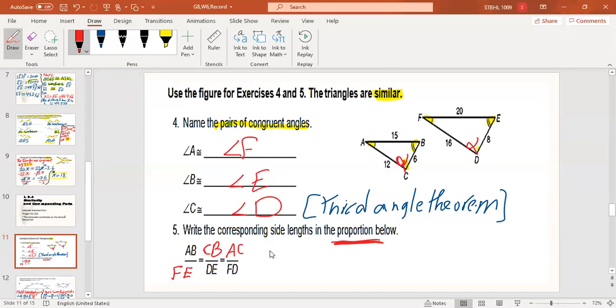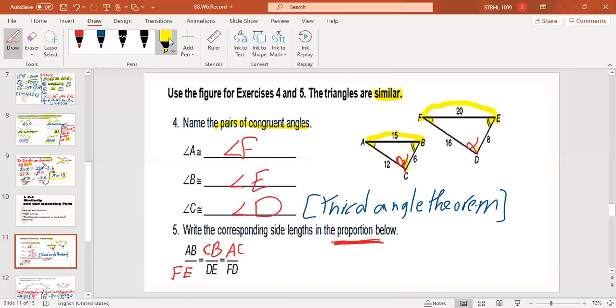Line segment AB is proportional to the corresponding side in the other triangle, which is EF.